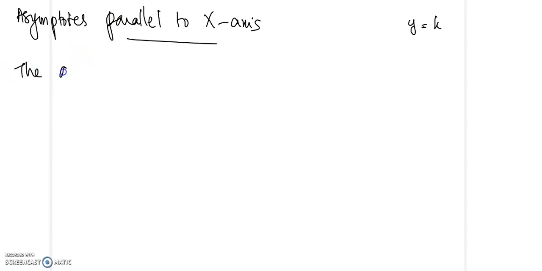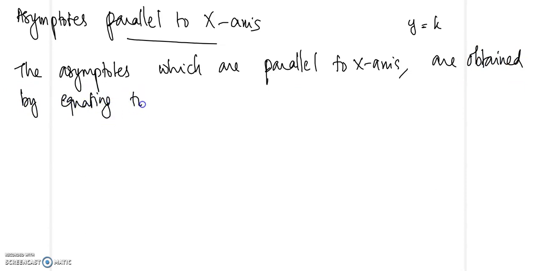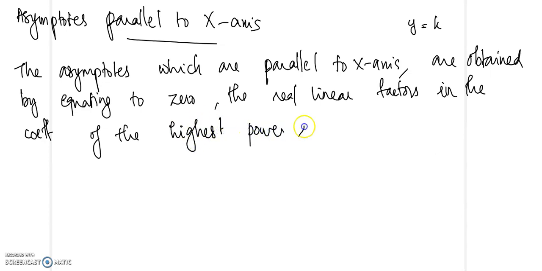So the asymptotes which are parallel to the x-axis are obtained by equating to 0 the real linear factors in the coefficient of the highest power of x in the equation of the curve.